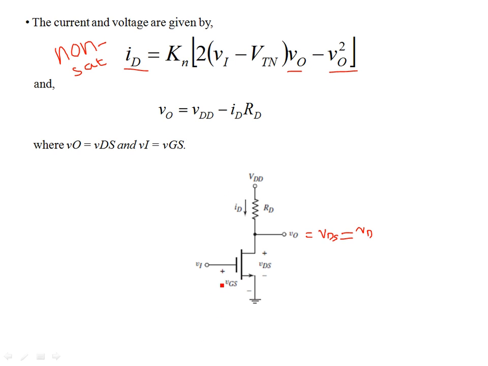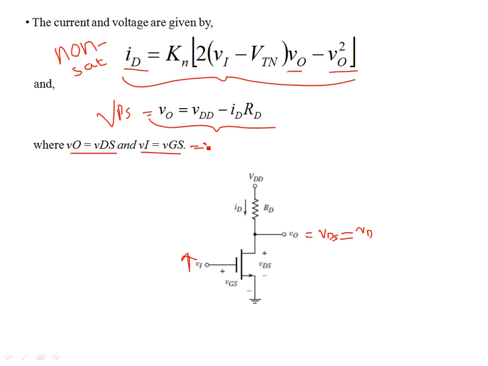If you go on increasing Vi, you bias your transistor in non-sat region, and this is the current-voltage relationship you use to find the current that flows from drain to source. V naught is still equal to VDD minus VDS. The input voltage is the gate voltage, VG or VGS, the same thing, because VS is 0, the source being grounded.